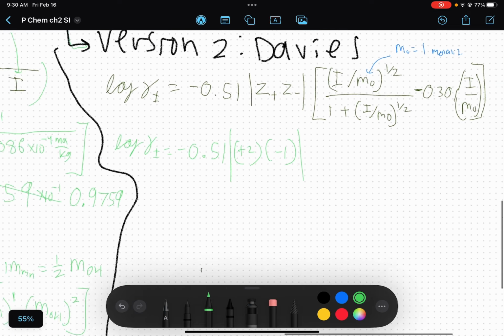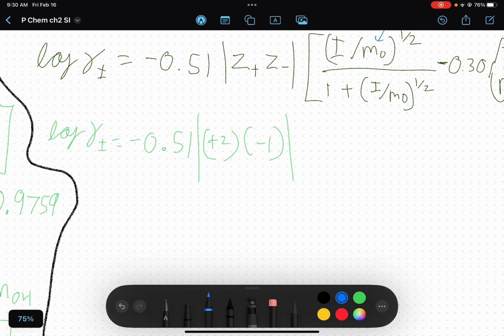Just a reminder that these mean absolute value. So like if it says positive 2 times negative 1 absolute value, that's going to give you negative 2 inside, but then when you do the absolute value it turns positive, so it's going to be equal to 2. Just a reminder.